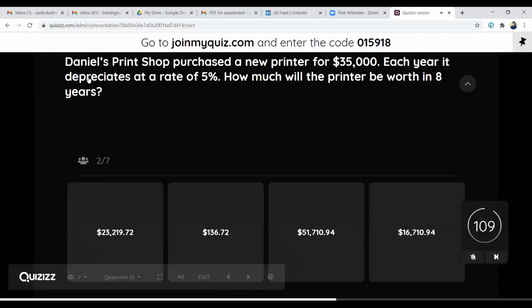Each year it depreciates at the rate of 5%. How much will the printer be worth in 8 years? As Mr. John Paul had mentioned, you also have compound interest, so this is a question from compound interest. Make sure you read this word depreciates. The rate percentage is negative.